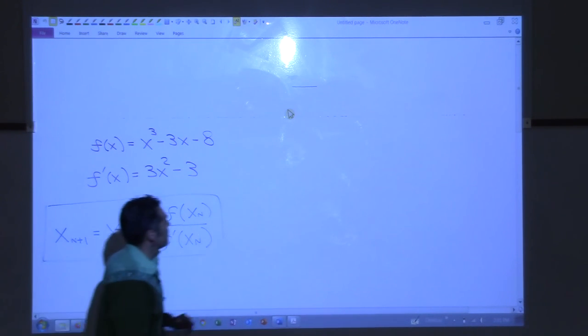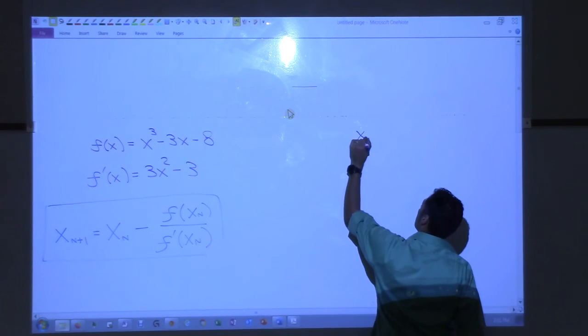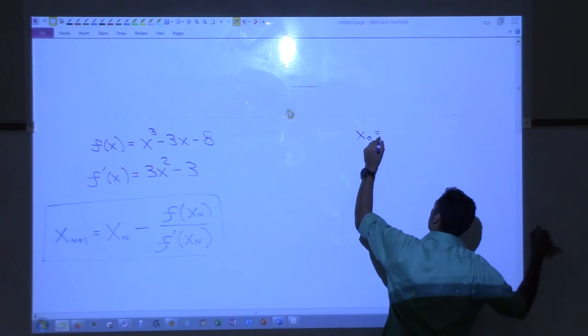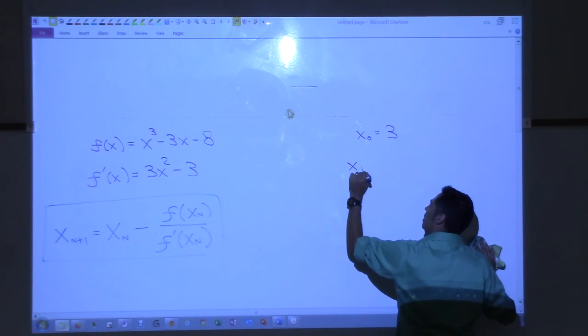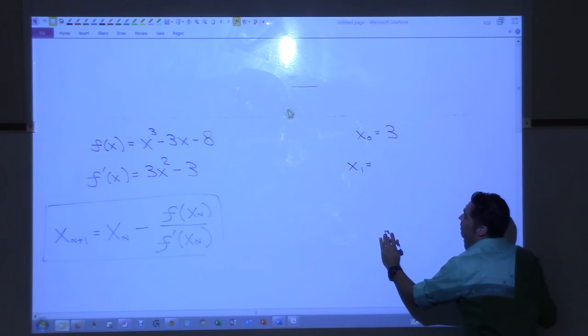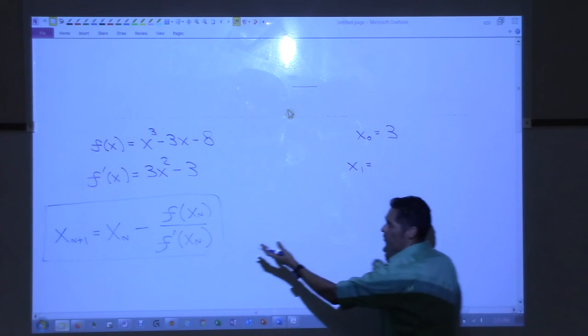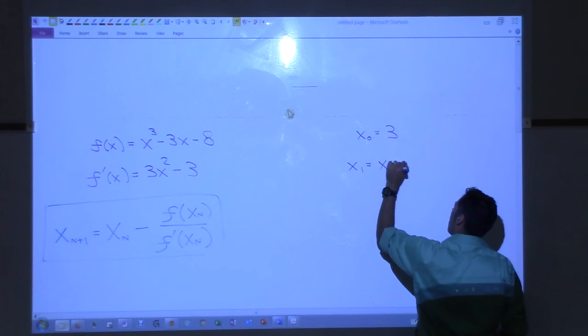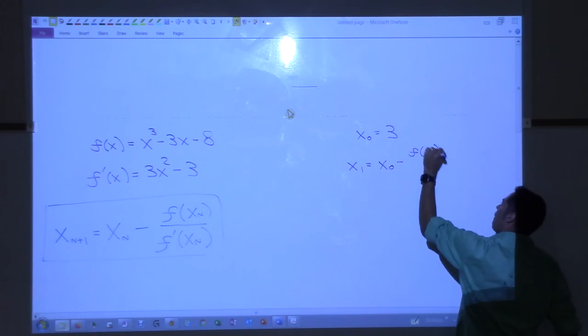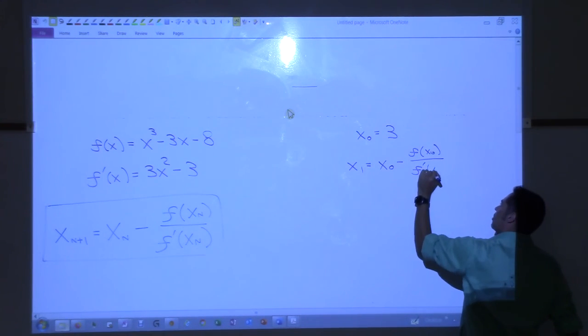So here we go. Start with the first one. Our initial guess is us plugging in 3. Now, how do we get the next point? According to this formula, it'll be x sub 0 minus f of x sub 0 over the derivative at x sub 0.